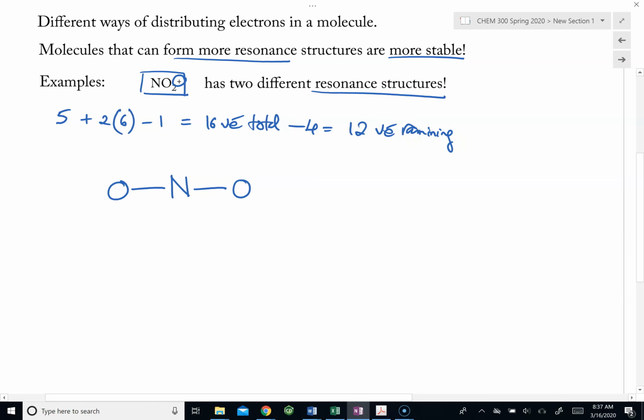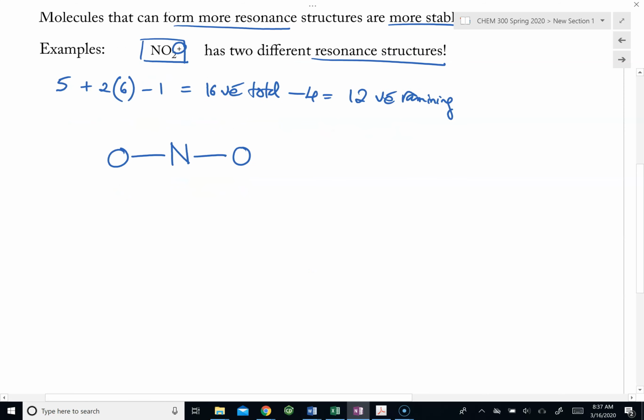And with the remaining 12 electrons, we're supposed to complete the octet for the terminal oxygens first. Both of the oxygens need 6 more valence electrons to complete the octet. So we're going to give 6 to this oxygen and 6 to this oxygen, and that's all of the valence electrons that we have remaining.